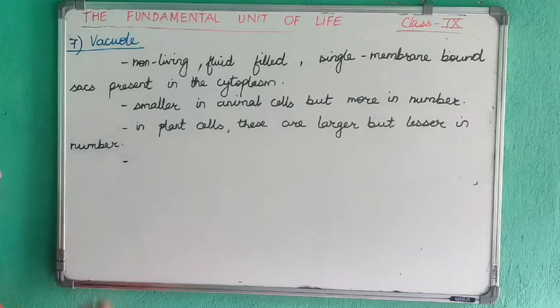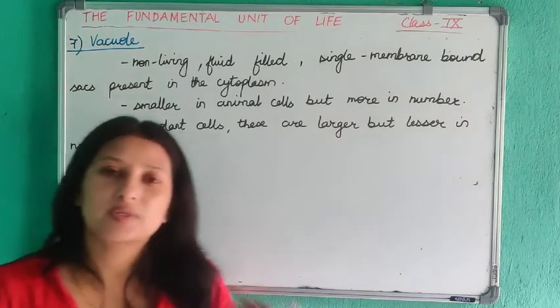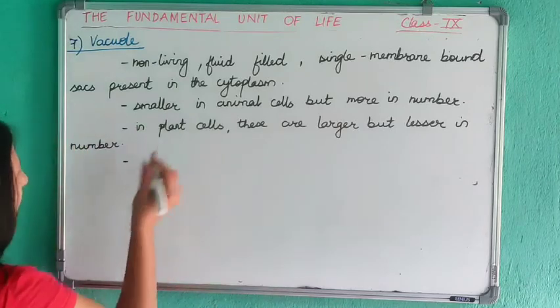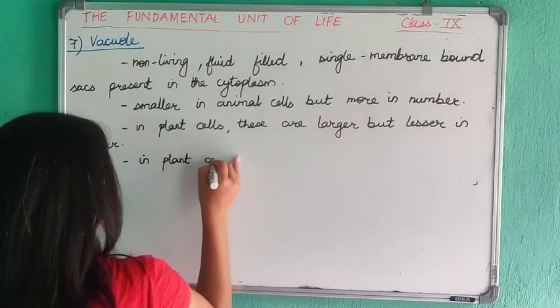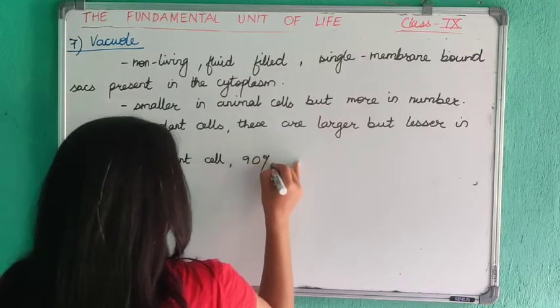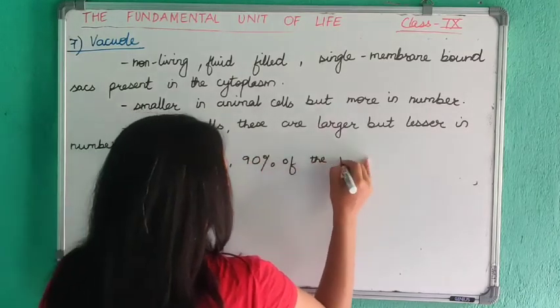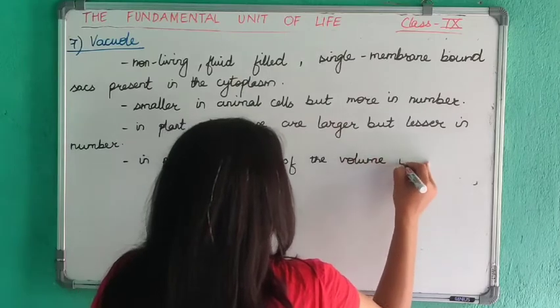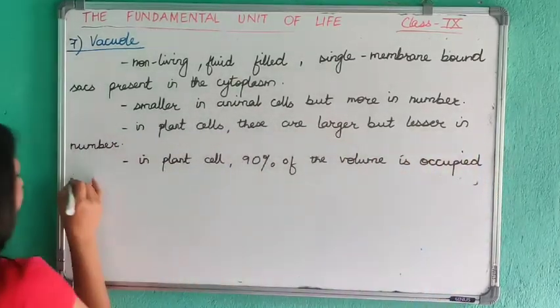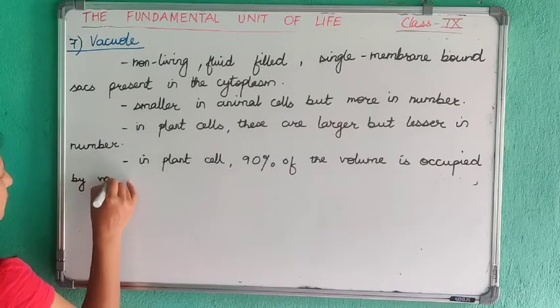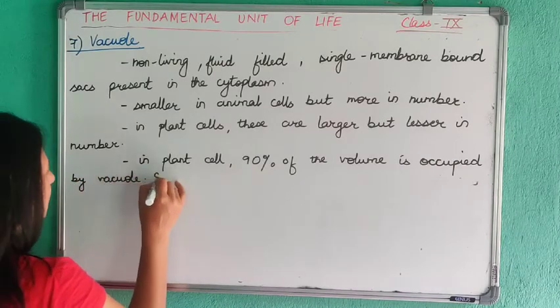Now in a plant cell, 90% of the volume is occupied by the vacuole.